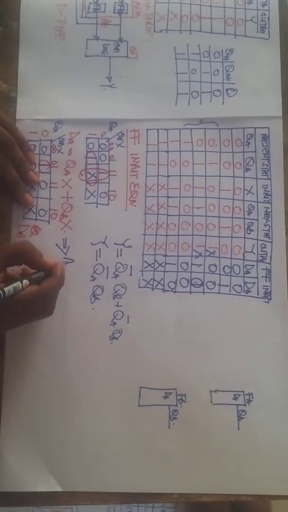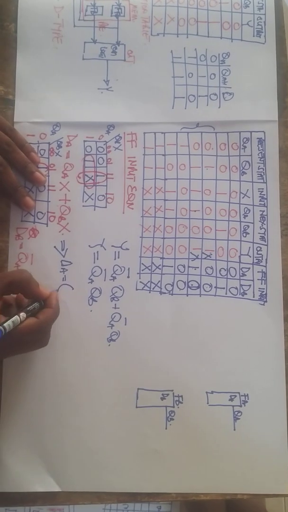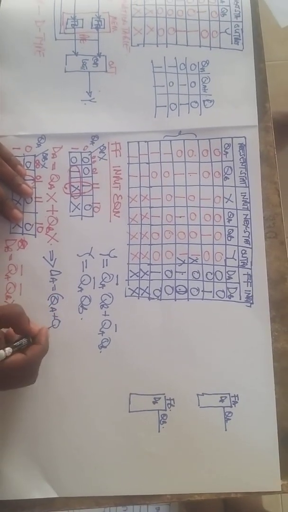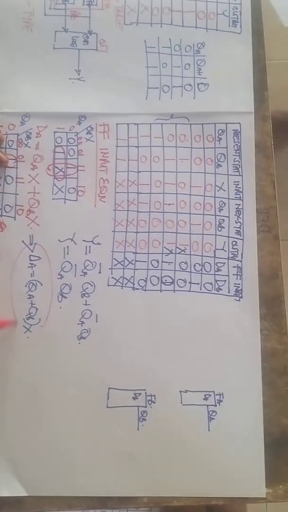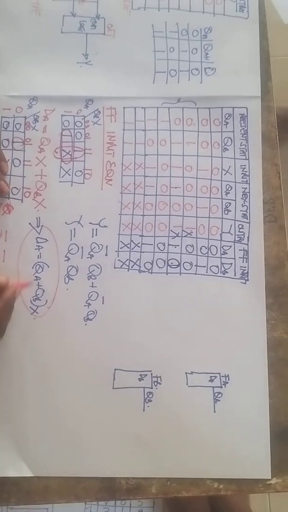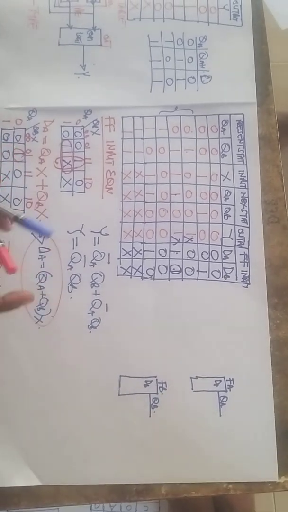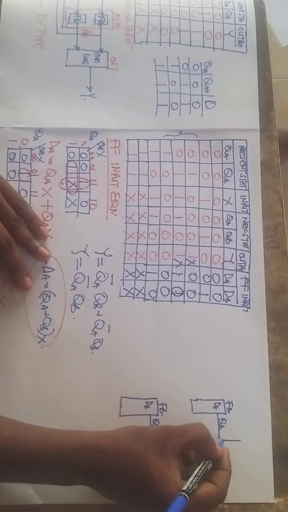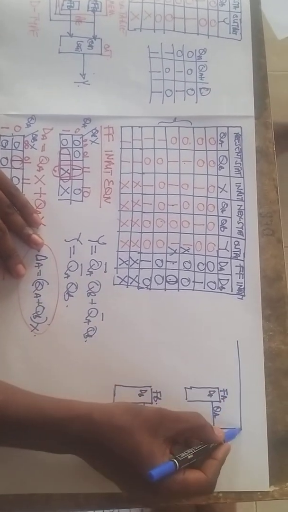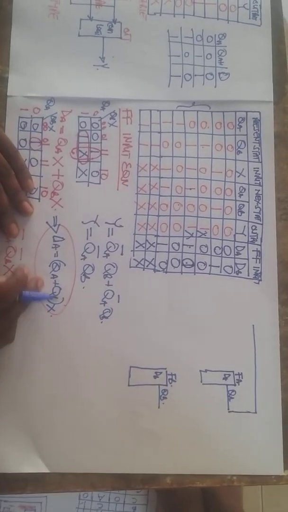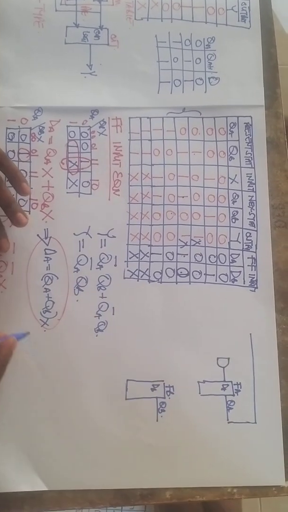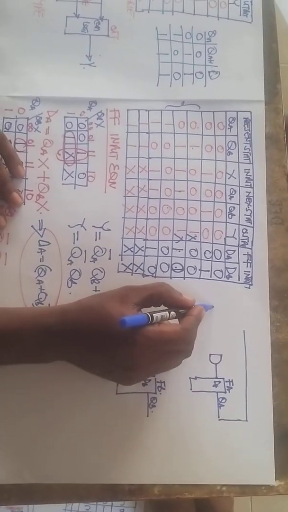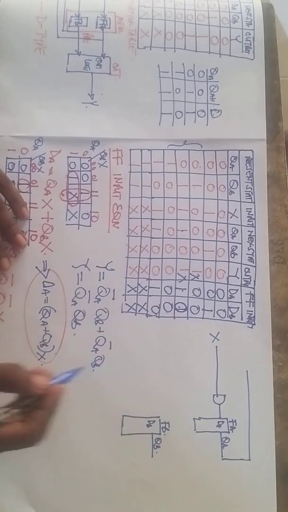You can factorize X, QA plus QB, then get X. So I have QA coming to an AND gate. One input is X, and then the other is an OR gate.